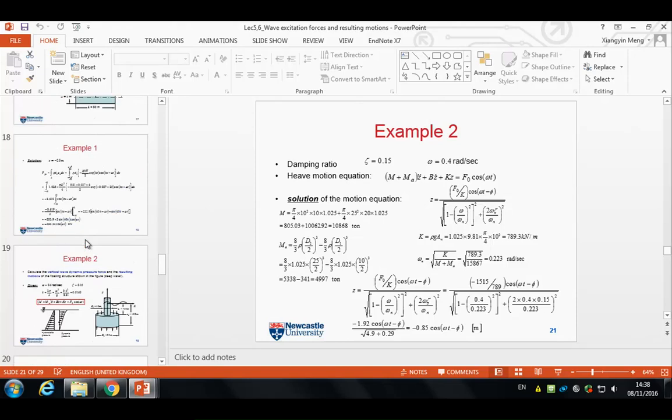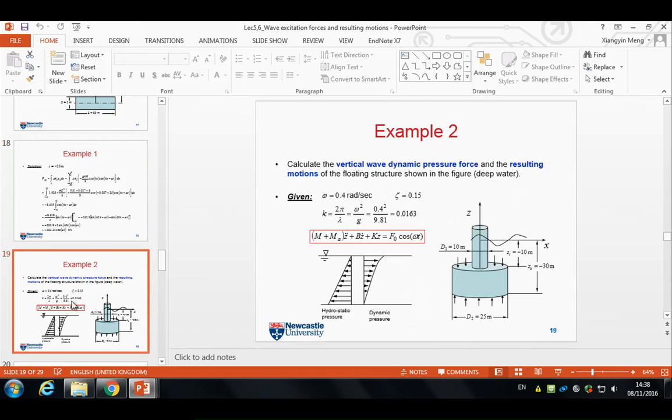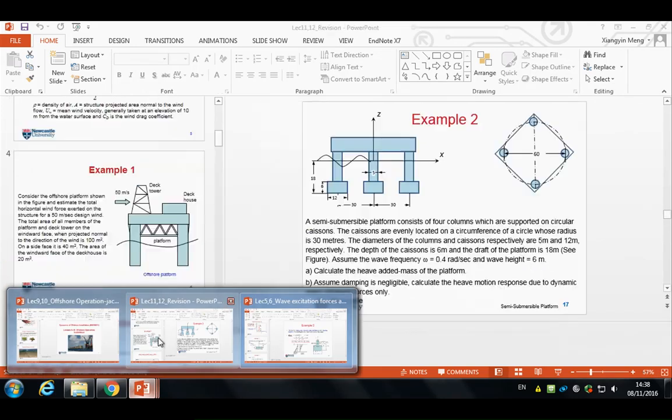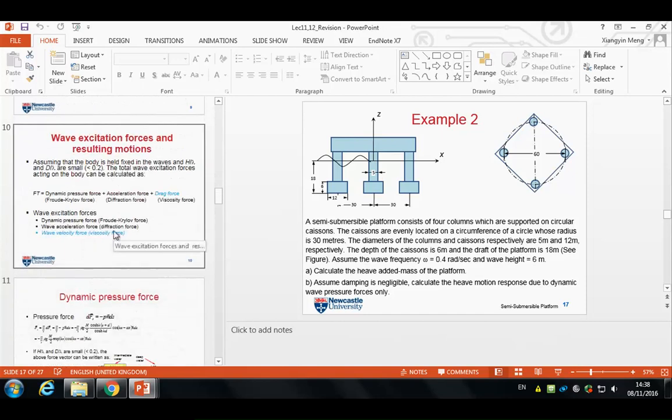Please, I want to ask something about the stiffness. When we use stiffness, equal to K, K uses the area AW. Right? So why are we using the area of the upper structure? Oh, that is because that's the restoring force.